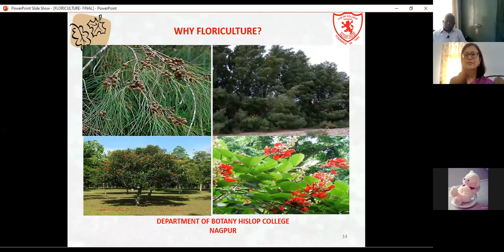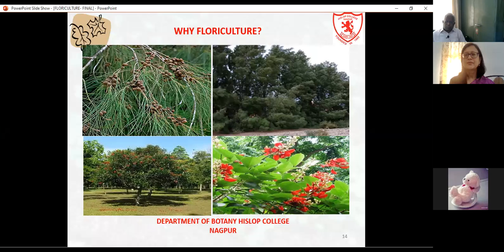Secondly, we all know, irrespective of the region of our origin, in all our communities, flowers play a very important role. Whether you belong to region X, region Y, or region Z, flowers are an integral part of our lives.